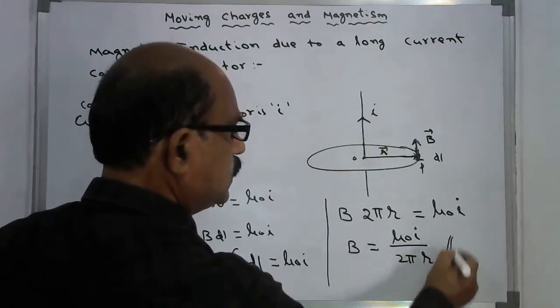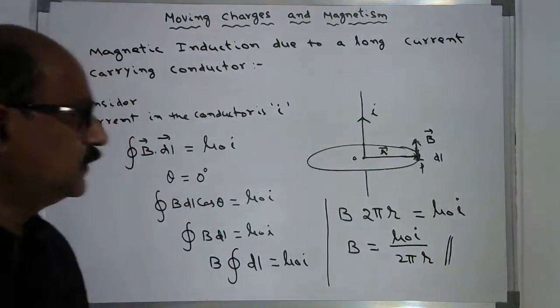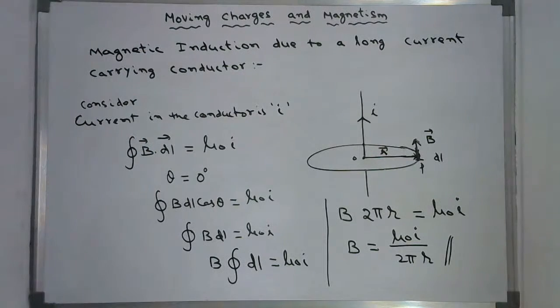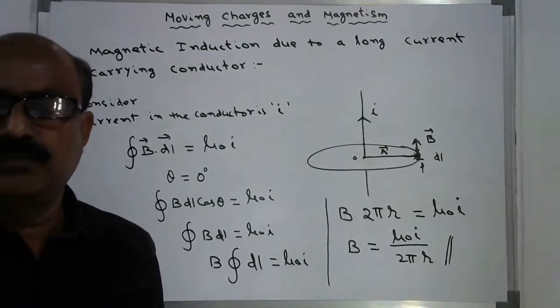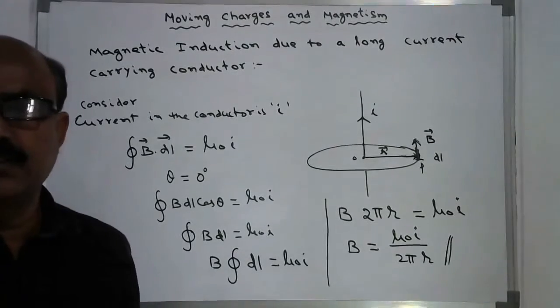This is the expression for the magnetic induction due to a straight current carrying conductor at any point P, at a perpendicular distance r from the conductor.